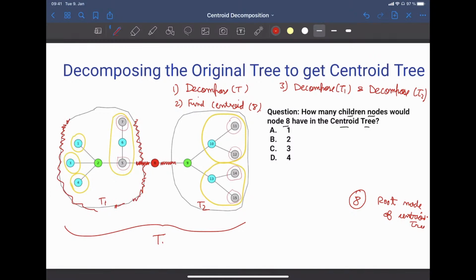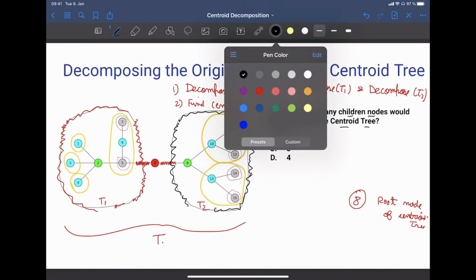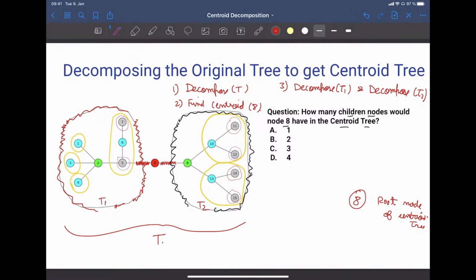Similarly, you call decompose on T2, which is an independent smaller tree, highlighted by this black boundary. You attach the subtrees returned by decompose T1 and decompose T2 on node 8. So node 8 will have a subtree here, which is returned by decompose T1, and a subtree here, which is returned by decompose T2, right? So the question is, how many children nodes would node 8 have in the centroid tree?